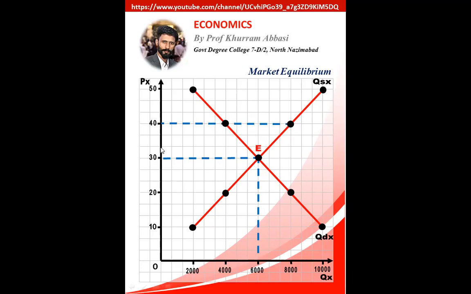If we discuss the price above 30, for example, when the price is 40, you can see there is a gap. What is this gap? This gap is called surplus. Why is this gap called surplus?